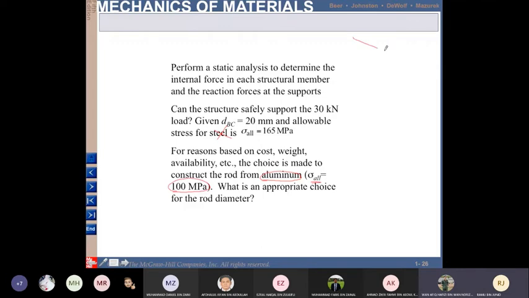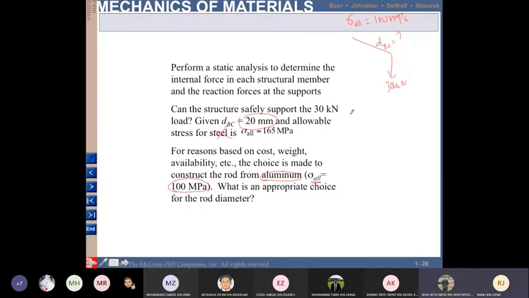Okay, this is rod. This is your weight, 30 kilonewton. Previously, your diameter is 20 mm, but now you change to aluminium, but the aluminium is only 100 MPa. So what is the diameter of BC that is required when you want to change to aluminium?